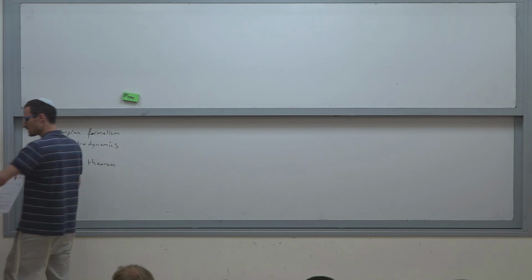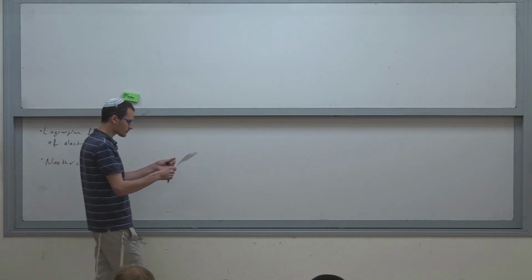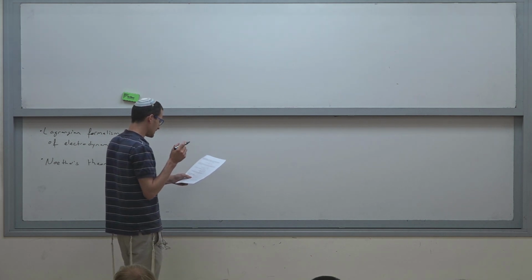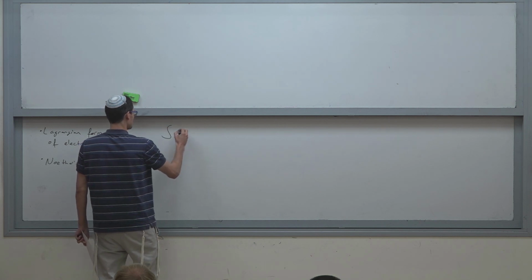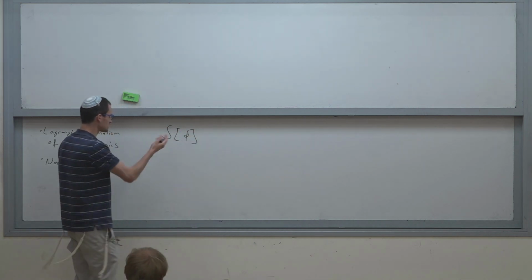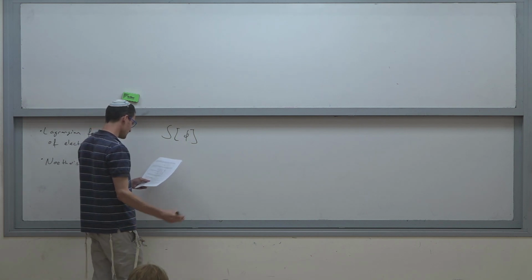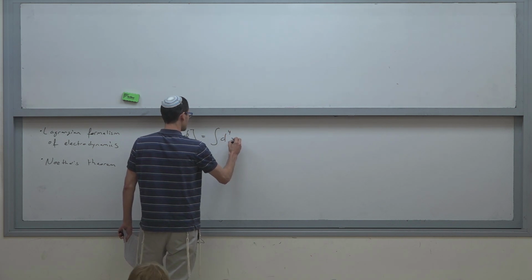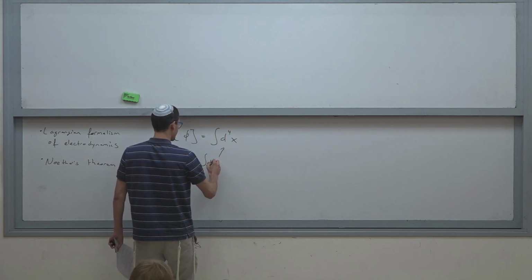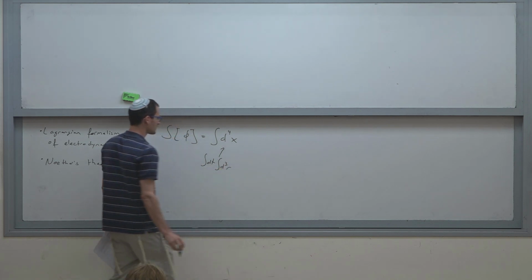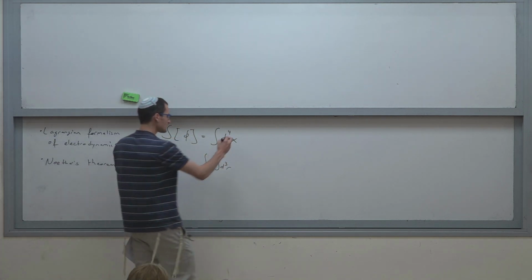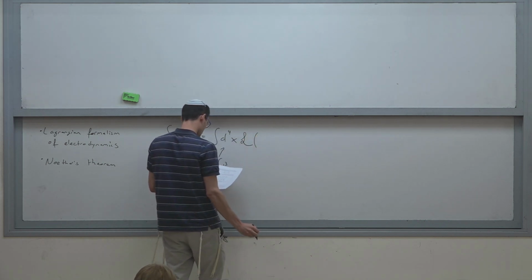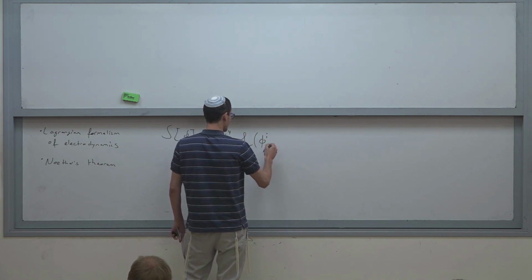So the basis of any field theory is a Lagrangian, or even better, a Lagrangian density, with which you can build an action. So the action, which is a functional of some field phi, or a bunch of fields, is in general an integral in 4 dimensions, meaning there's an integral over time and an integral over 3-dimensional space, over a Lagrangian density, which is a function of many different fields.